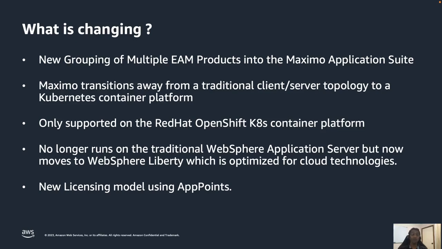Now it is important to note that Maximo is only supported on Red Hat OpenShift Kubernetes container platform. It no longer runs the traditional WebSphere application server, but it has now moved to WebSphere Liberty, which is more suited to cloud technologies. With this move to MAS 8, it is important to understand that IBM has also moved to a new licensing model using app points.